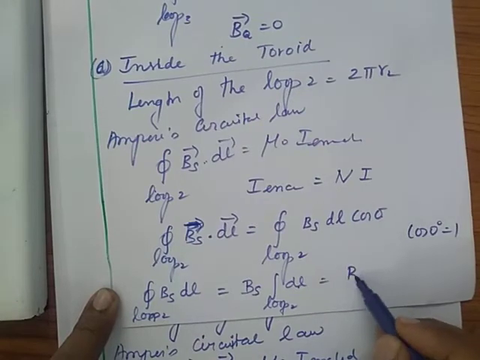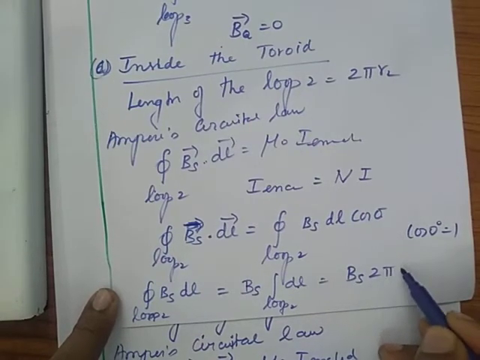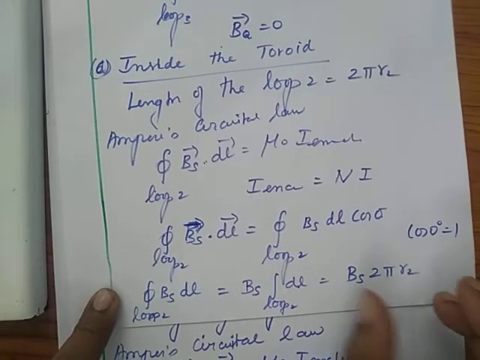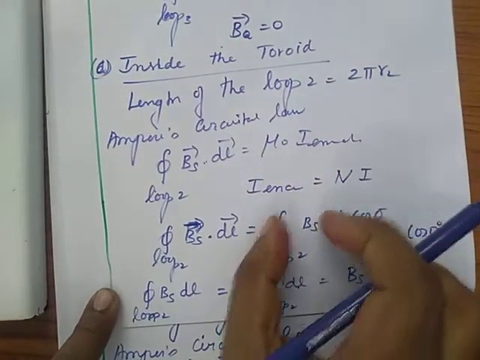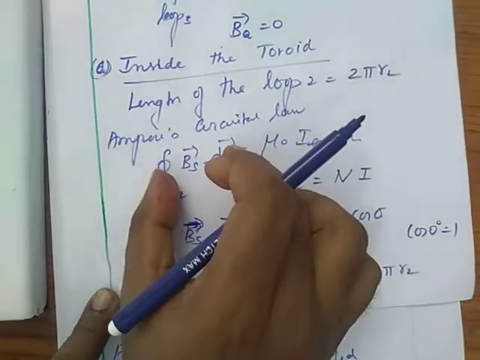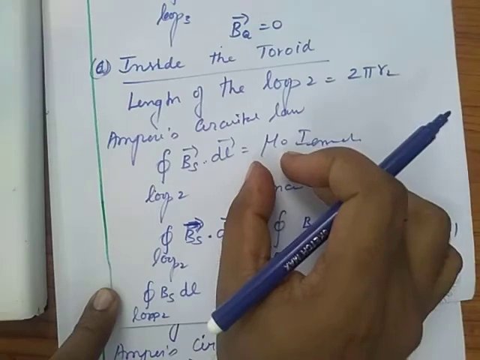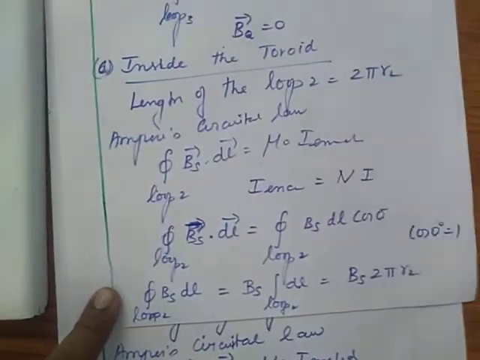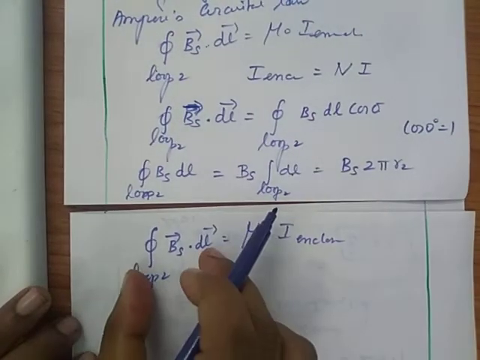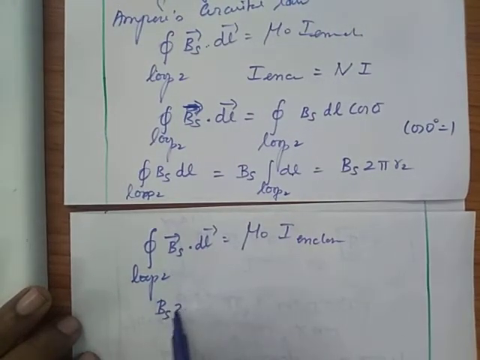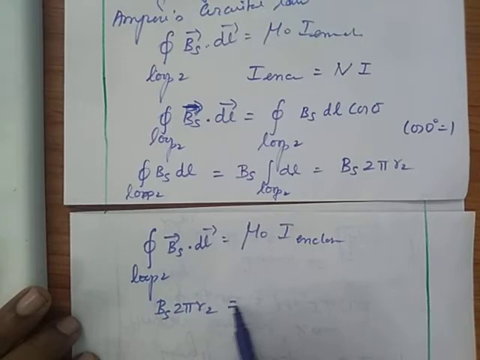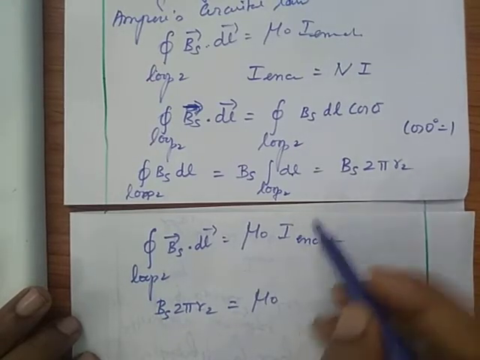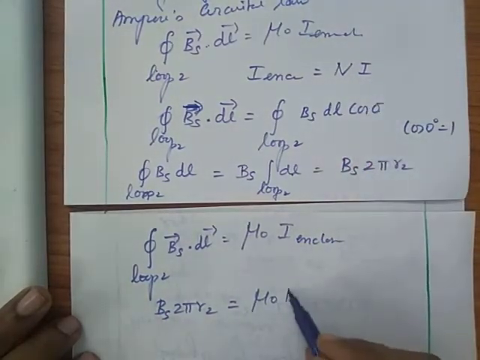Then we get Bs times 2 pi R2. Then equate this value with this value. We know mu naught I enclosed becomes mu naught N I.